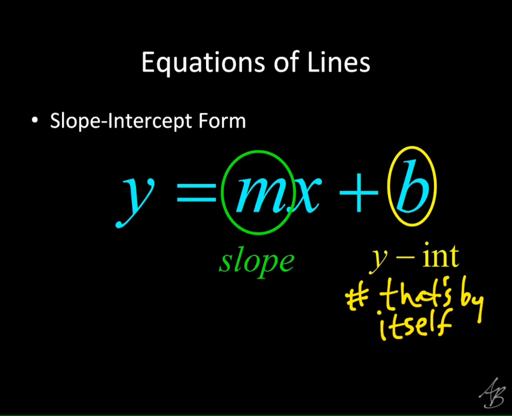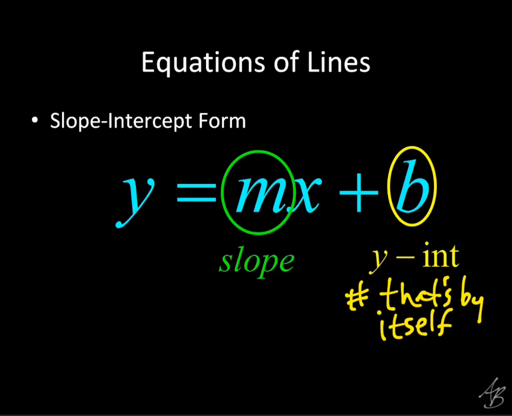All right, so in the equation that we had in our opener today, that b was a minus 1, so our y-intercept was negative 1. It's always going to work this way as long as we have y by itself. If you have y by itself, then the number that's being multiplied by x is the slope, and the number that is by itself is going to be the y-intercept.